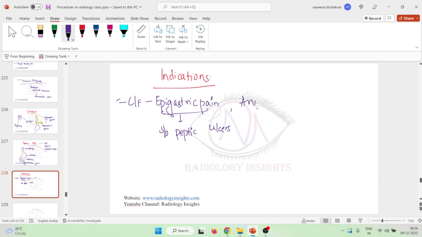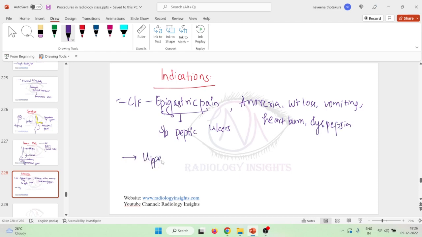Also when the patient presents with anorexia, weight loss, vomiting, heartburn, dyspepsia. If the patient has any of these symptoms, then we can do a barium study to find out the reason for these symptoms.